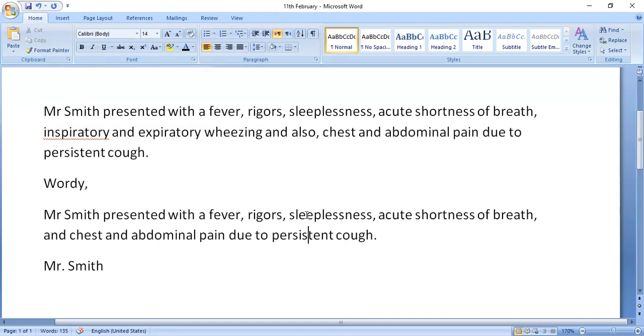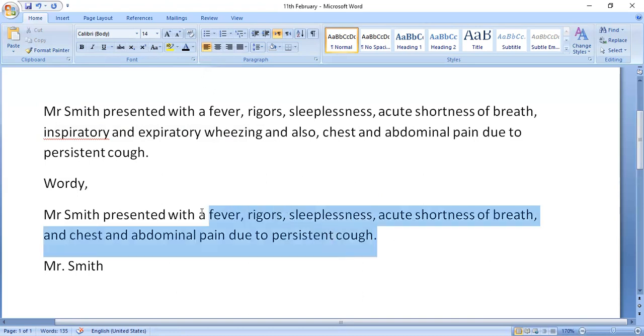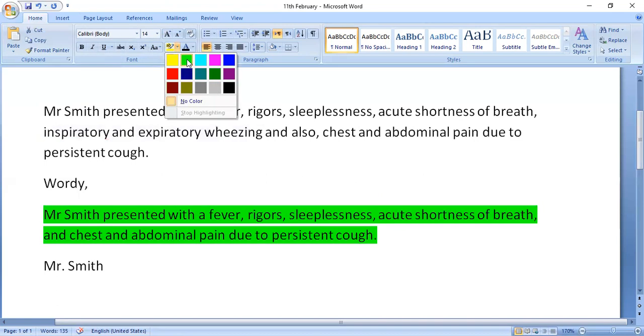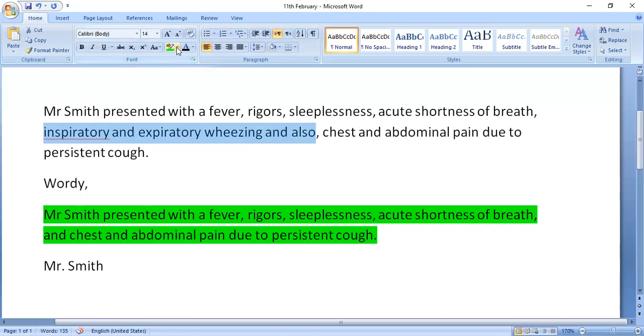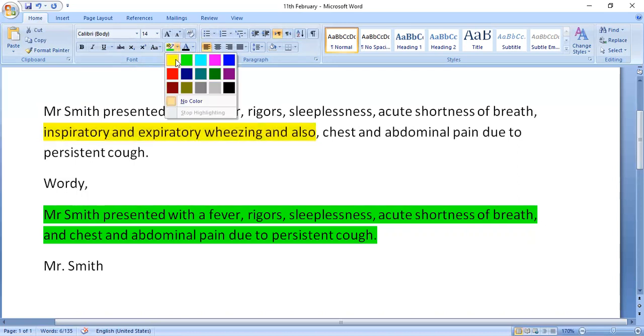Some people are saying insomnia, and it's okay, but sometimes if the new sentence is written like this, then it is okay. So this part, if we move wheezing to the next part, breathing and wheezing.